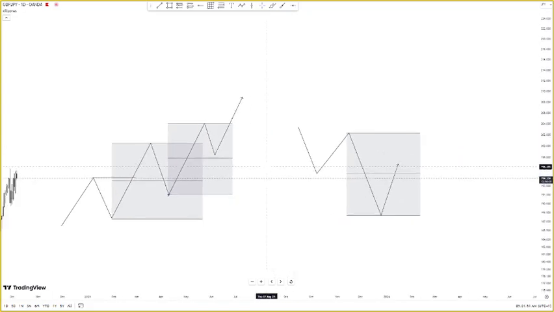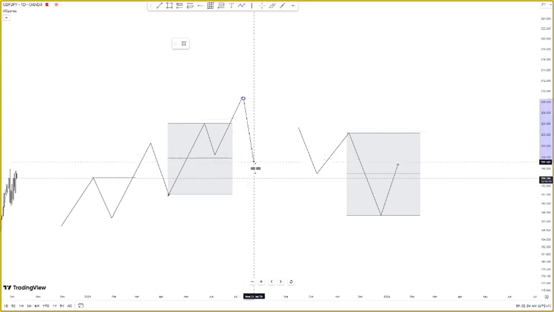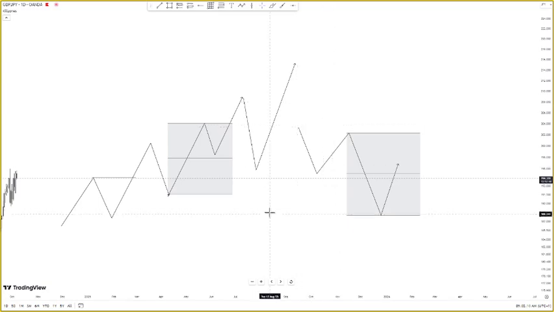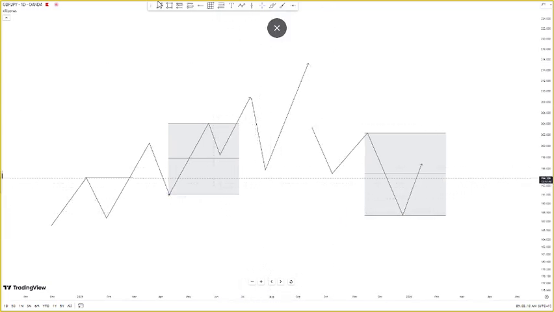What this means is that this low you are seeing here is liquidity. So market will possibly do something like this in the future and then come back to the 50%, and then continue.